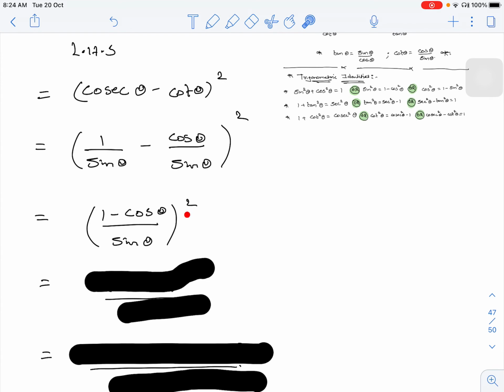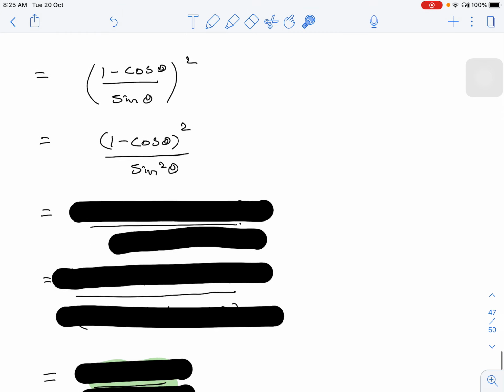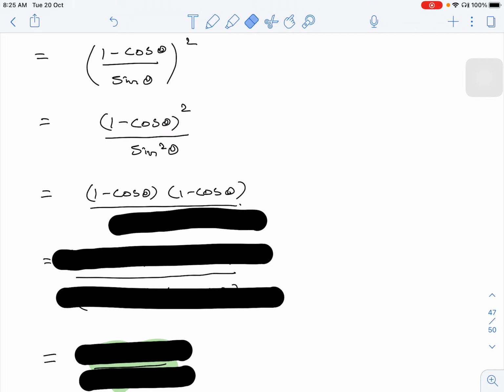This square is for both the numerator and the denominator, so we get (1 minus cos theta) whole square in the numerator and sin square theta in the denominator. Remember that the square is not written only over here, we write it here too. Now (1 minus cos theta) whole square means 1 minus cos theta is multiplied 2 times.